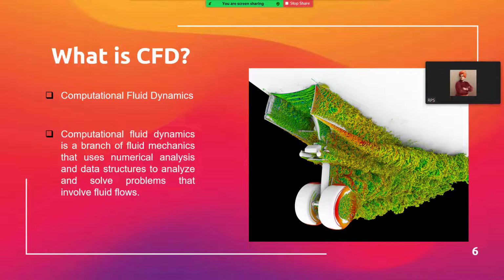So, what is CFD? CFD is an acronym for Computational Fluid Dynamics, and according to Wikipedia, the easiest sentence that I can find to describe CFD is: a branch of fluid mechanics that uses numerical analysis and data structures to analyze and solve problems that involve fluid flows.